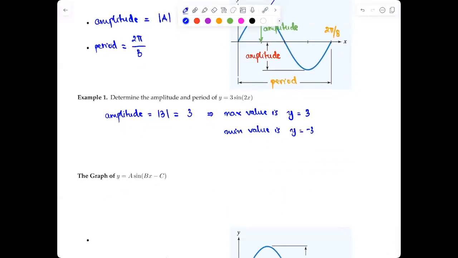Now for the period, you use the formula 2 pi over B. You have 2 pi divided by 2, which is equal to pi. Alright, so you can conclude that each cycle is of length pi.